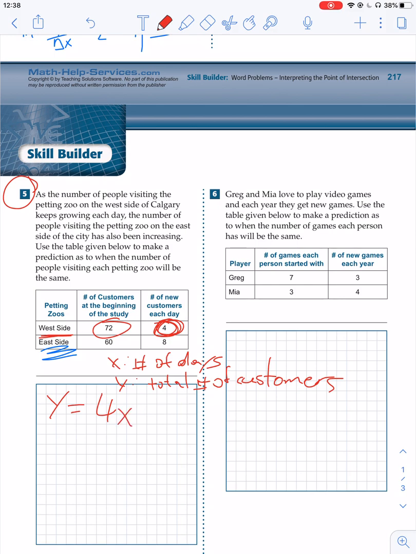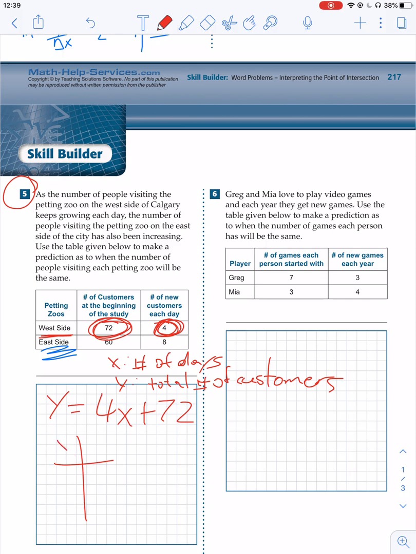I don't know how many days, so the number of days is varying. But what is constant is the 72. If I plug in x equals 0, on the very first day, this is x, this is y.